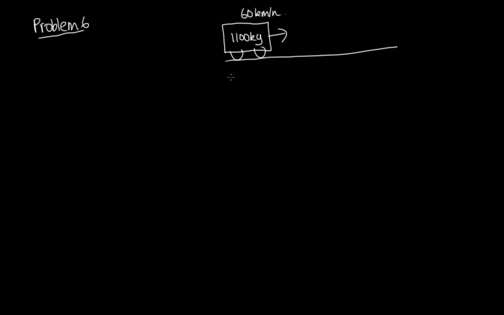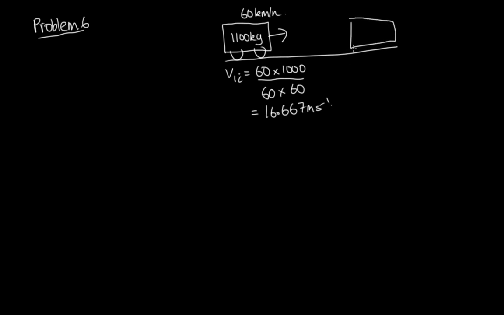So let's call this one car 1. So we've got V1 initial is equal to 60 kilometers per hour times 1,000. So that'll be meters per hour divided by the 60 times 60 to get it into meters per second. And this gives us 16.667 meters per second. And then we've got a second car, which is heading in a different direction.